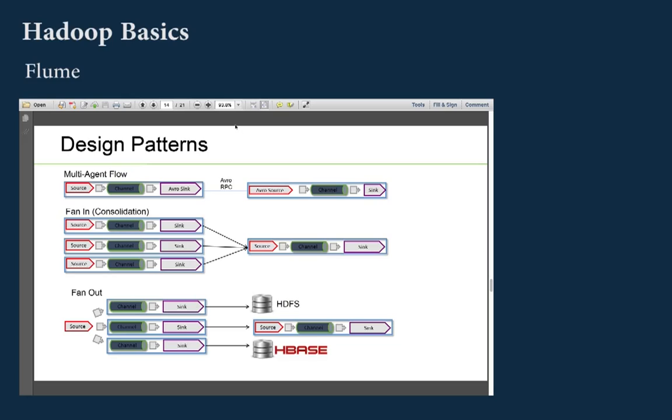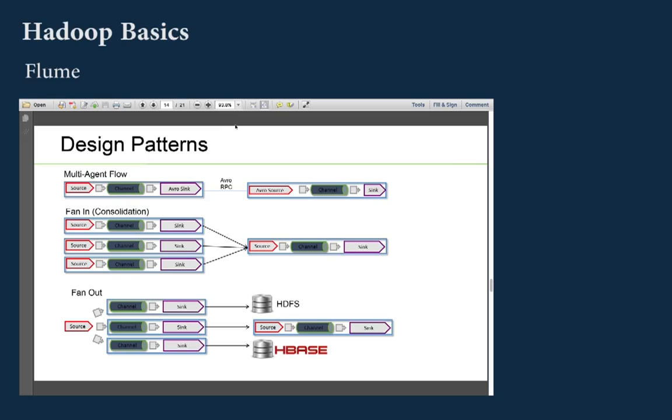Let's look at the most common design patterns when it comes to Flume. The most common design pattern is multi-agent flow, where you have a source, channel and a sink, and another Avro source, channel and a sink. So these are like multiple routes. Then you can have fan-in.